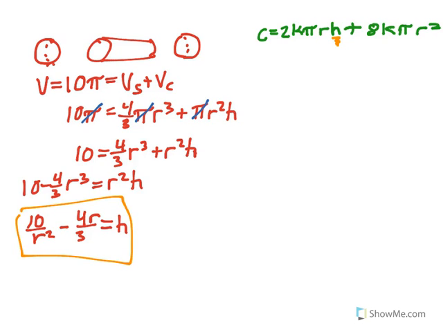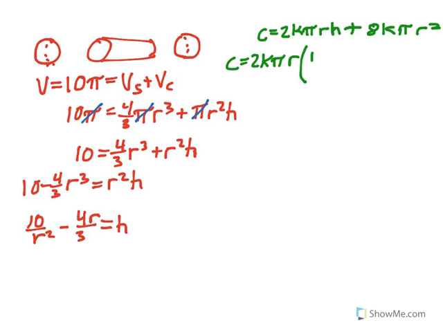So we'll take out that h and replace it with this expression in r. All right, so combining the equations now, we get cost is equal to 2k pi times r times the quantity 10 over r squared minus 4r over 3, plus, and there's no h's in this second term, so we'll just copy it down, 8k pi r squared.